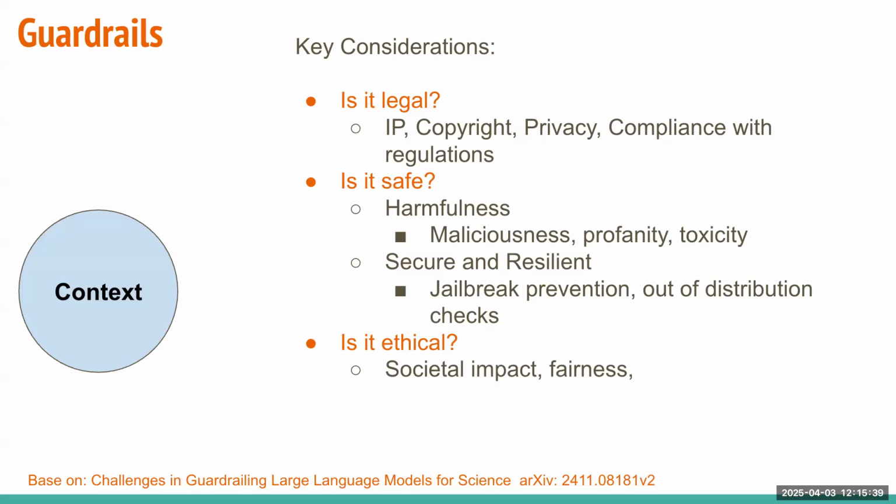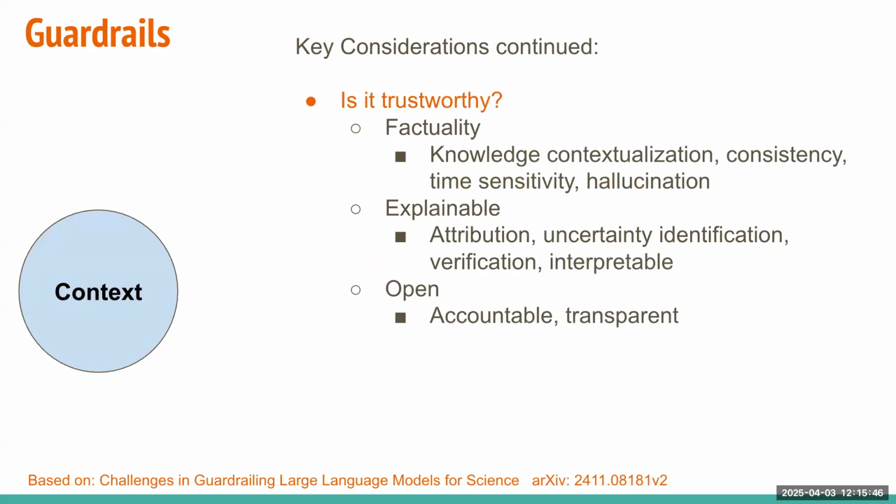What is it that makes it ethical? What are the societal impacts? How are you handling fairness? And of course, is it trustworthy, which is essential to our conversations on trustworthy AI? And in the science context, this article breaks out trustworthy into factuality, explainable, and open. So for the trustworthiness of your science when using LLMs, you have to think about contextualizing the knowledge.